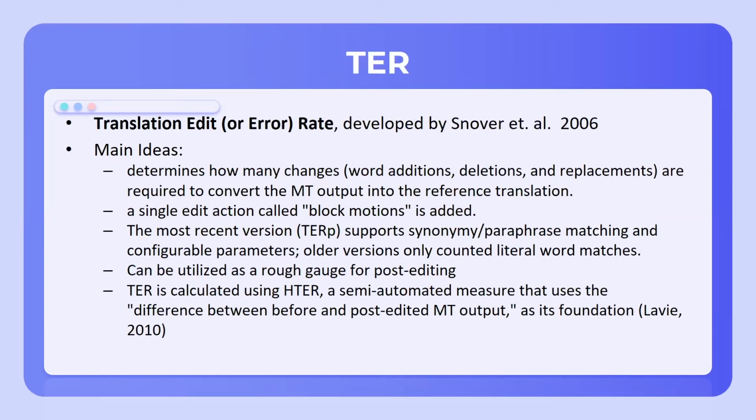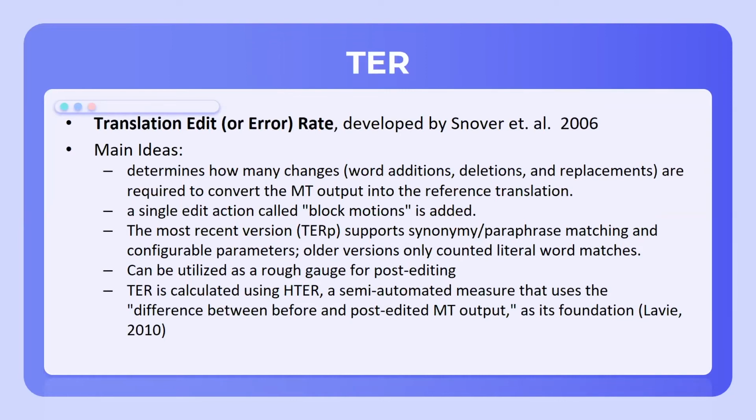For translation edit rate, or translation error rate, the main ideas include that it determines how many changes are required to convert the MT output into the reference translation. For example, how many word additions, how many deletions, how many replacements need to be done to convert MT output into the reference translation.